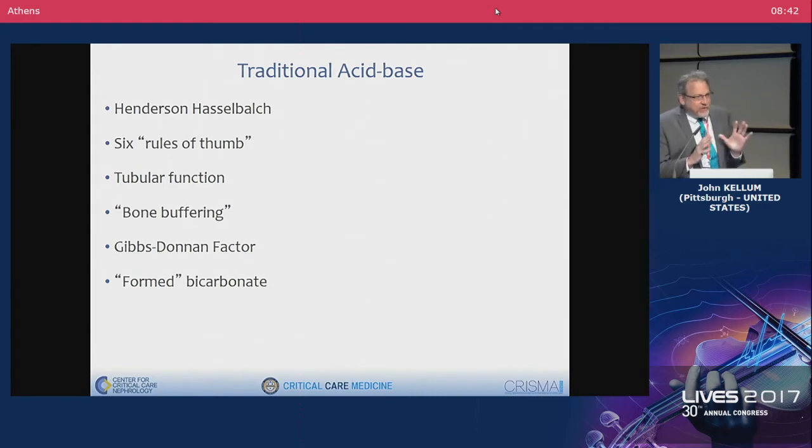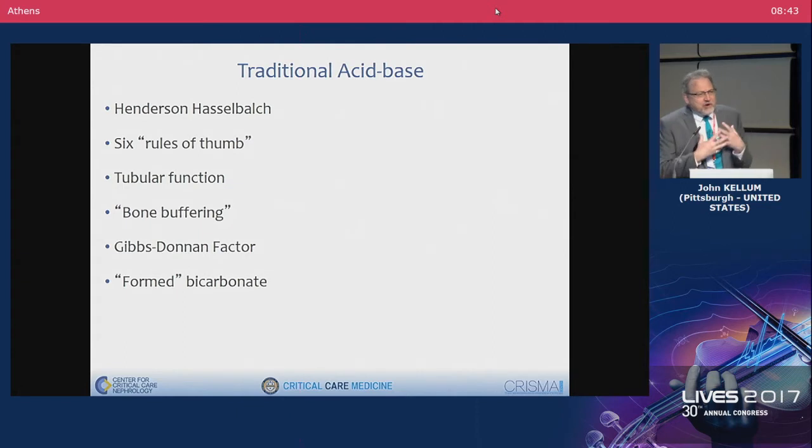So let's begin with thinking about what we think the traditional acid-base analysis looks like, and that's largely dependent on where in the world you come from, and whether you have learned acid-base through a Boston tradition, which is based largely on what we call the 6 rules of thumb, or you come more from a Copenhagen tradition in which you've learned about using base excess as a way of getting at this.